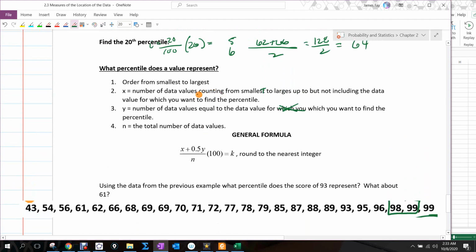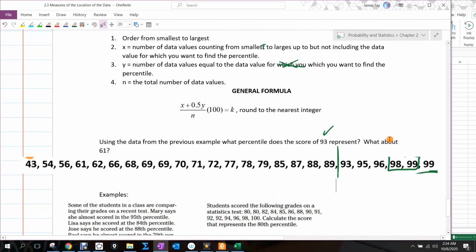Okay, it says x equals the number of data values counting from smallest to largest up to, but not including, the data value for which you want to find the percentile. So 93. So we're going to count up to, but not including. So basically what I'm going to do is I'm going to say, okay, how many are there? So I don't want to count all those, so I'm going to use subtraction. I know there's 25 in the list, I believe, right? 25.